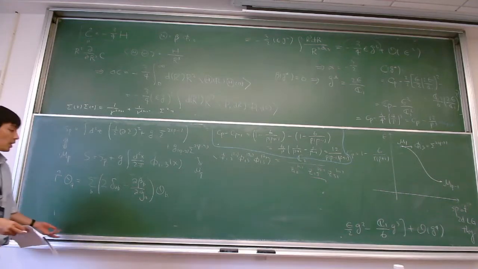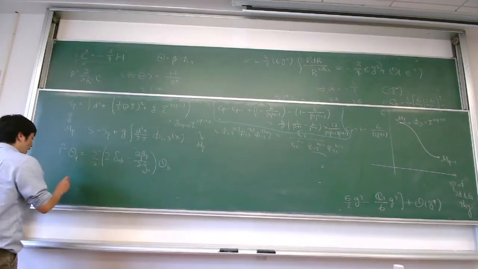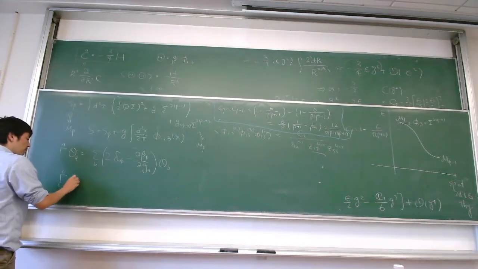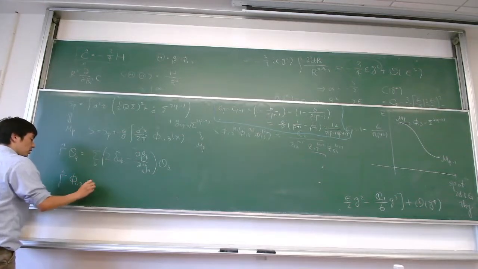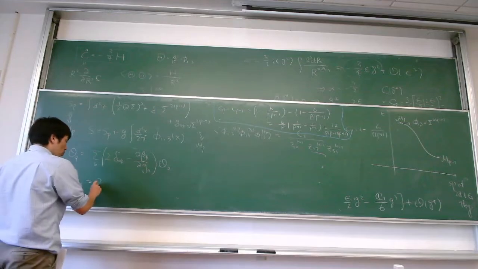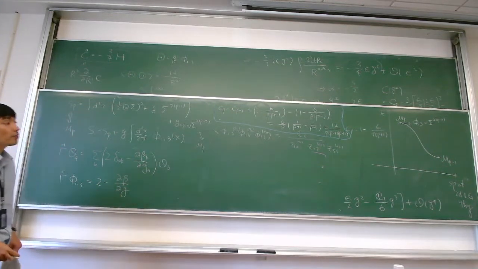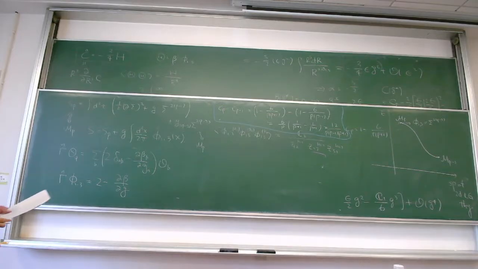In this case, you only have one perturbation, so gamma acts on 513. If you consider 513, then you have 2 minus beta over g, and I think I erased the expression for beta, unfortunately.